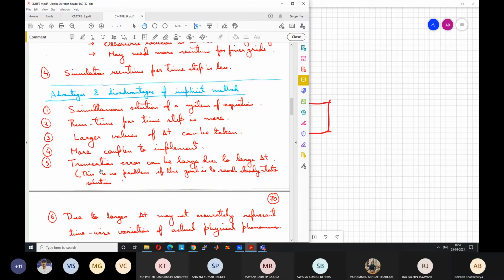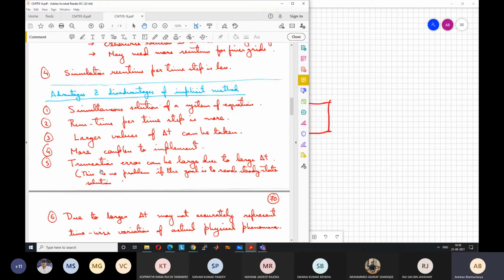Ultimately, there is always some error in the numerical model because you are using some approximation to replace the analytical solution. Okay. So this approximation is because you are truncating the infinite number of terms that was present in the Taylor series, removing most of the terms and taking only a few terms. Okay. So this will always lead to some truncation error.